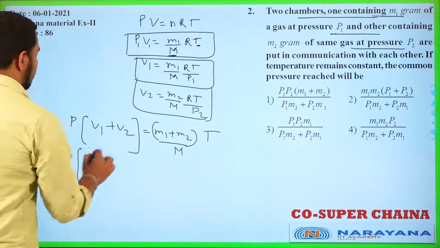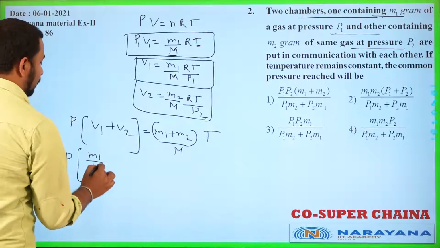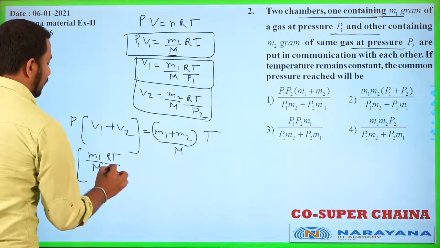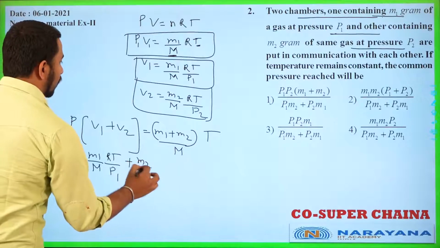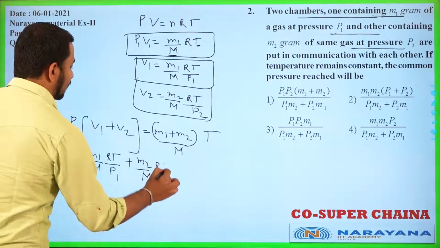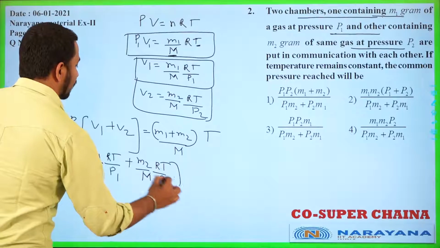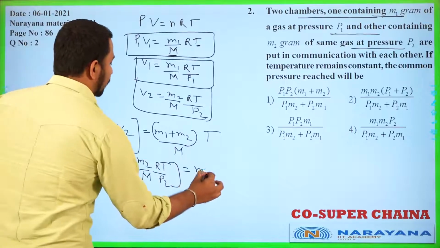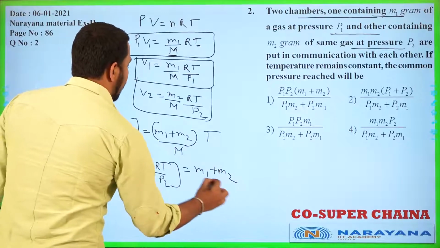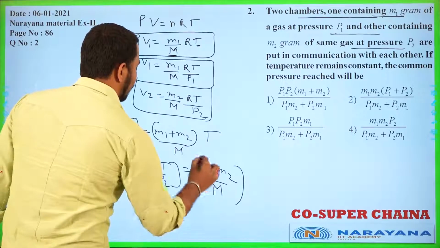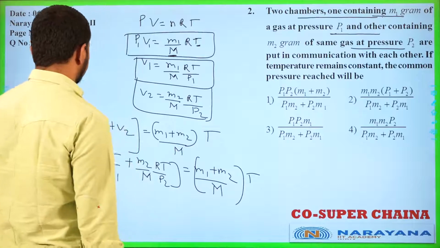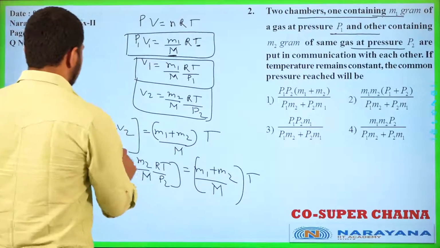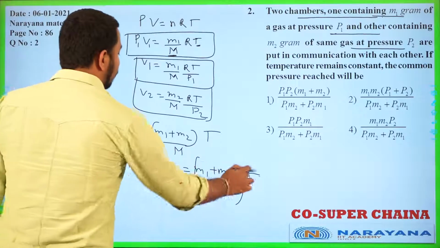Now students, substitute here M1 by M RT by P1 plus M2 by M RT by P2. This will be equal to (M1 plus M2) by M, and we have T. If you simplify this, T can be cancelled out from both sides.